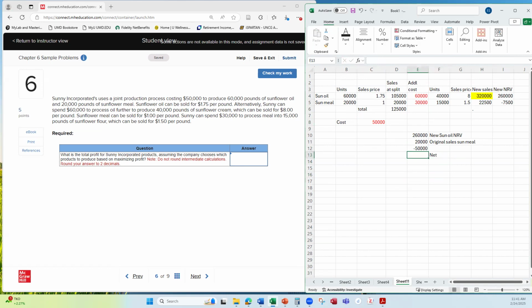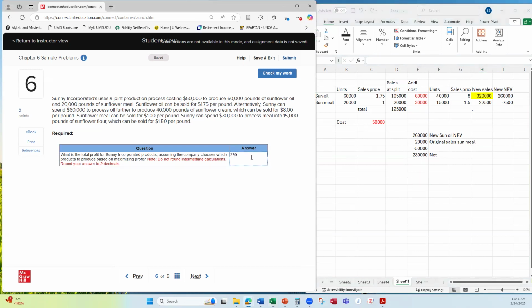It's going to get us to $230,000 if we maximize this. So we don't want to do this one because it's negative. This one will provide us more benefit here. Because originally we would have ended up with 260,000 net here for the additional processing. This is only making 150,000 there. So that gets us 230.